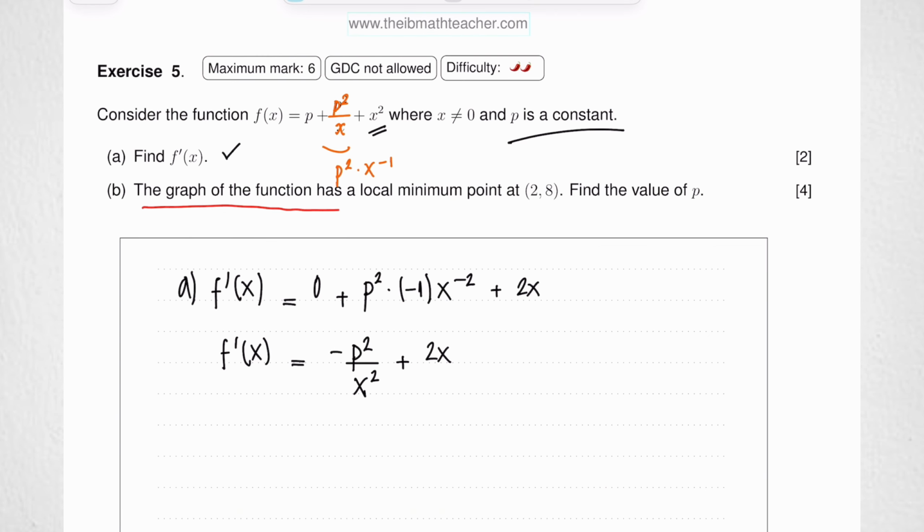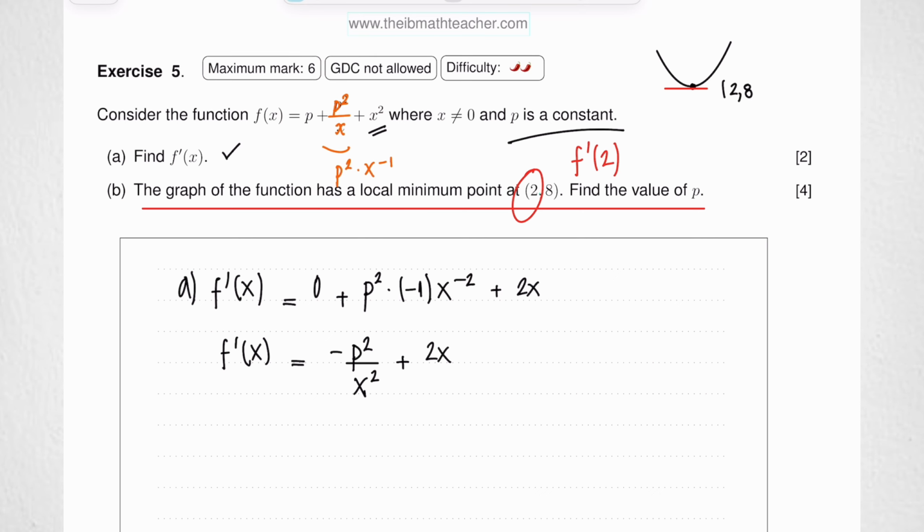Now we know that the graph of the function has a local minimum point at (2, 8), which means that f prime of 2 is equal to 0. If there's a local min at 2, that means that at that point the tangent, which is represented by the derivative at that point, is horizontal. So the slope of this tangent, which is f prime of 2, is equal to 0.